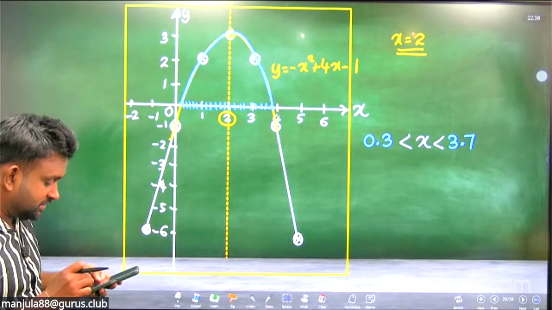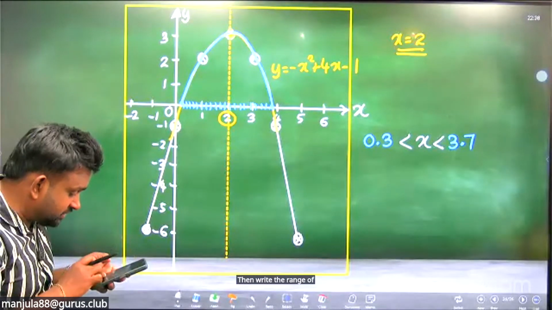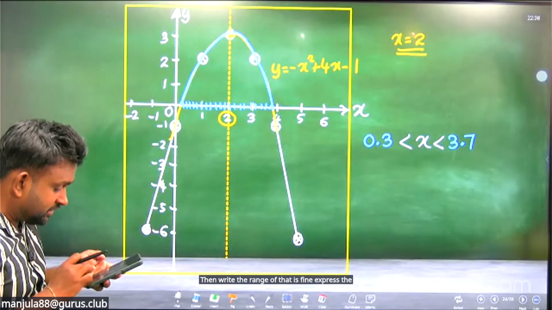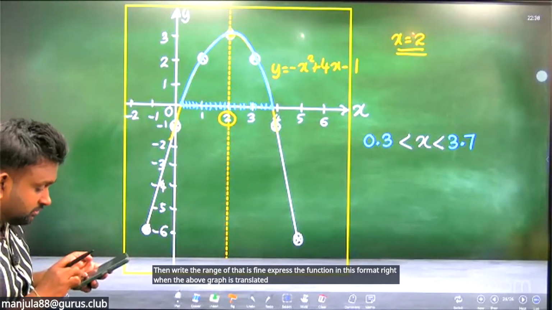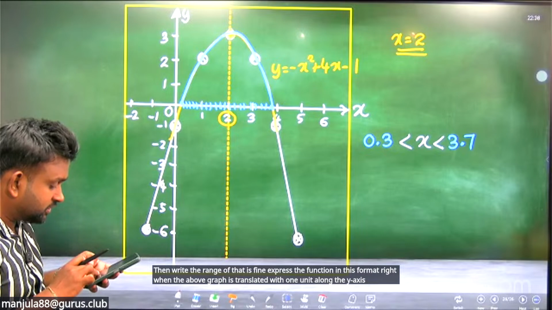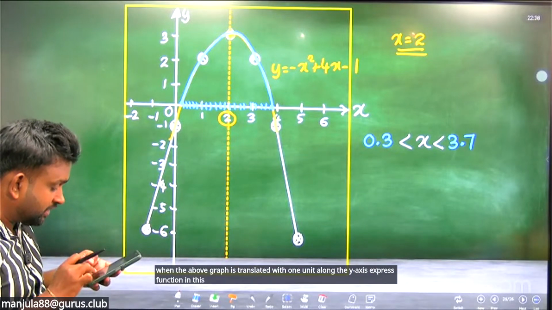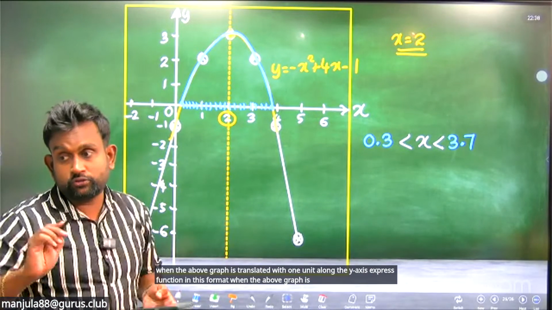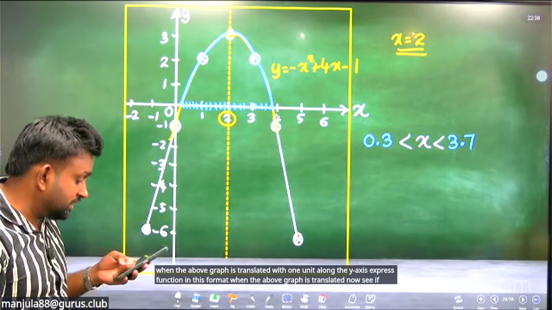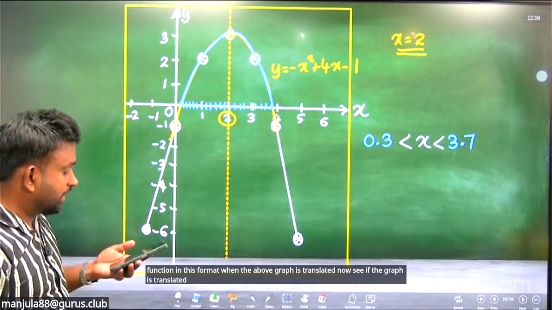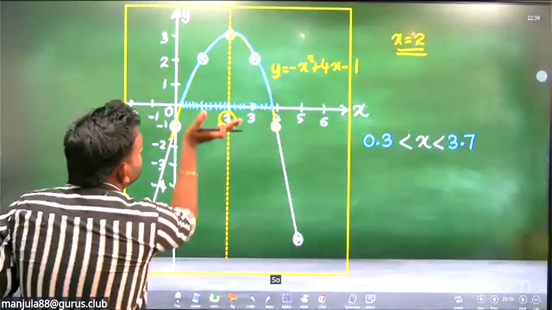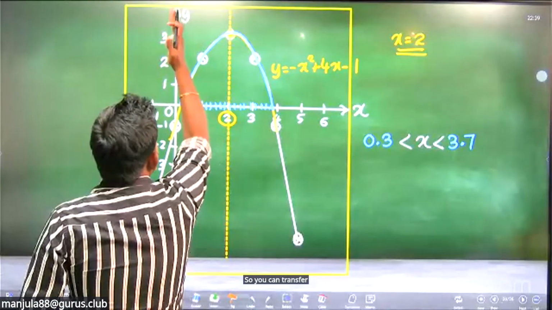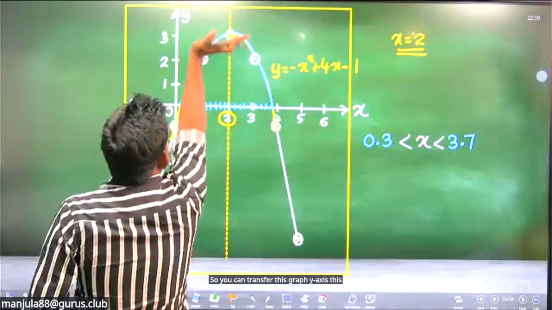Then, express the function in this format when the above graph is translated upward by 1 unit along the y-axis. Now see, if the graph is translated upward by 1 unit along the y-axis, you can move this graph upward 1 unit.